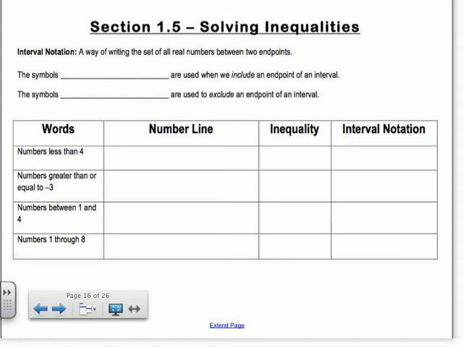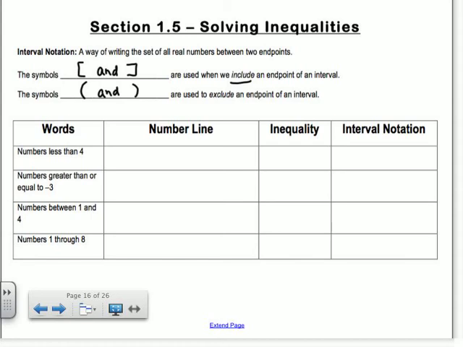Interval notation is a way of writing the set of all real numbers between two endpoints. The symbols brackets, so this and this, are used when we include an endpoint, so when we fill in the endpoint. The symbols parentheses, so left and right parentheses, are used to exclude an endpoint.